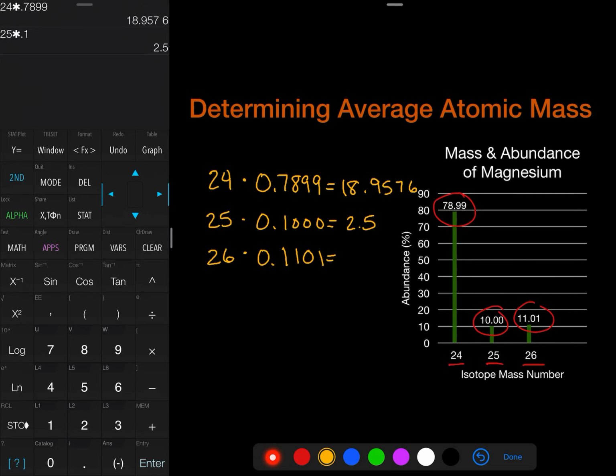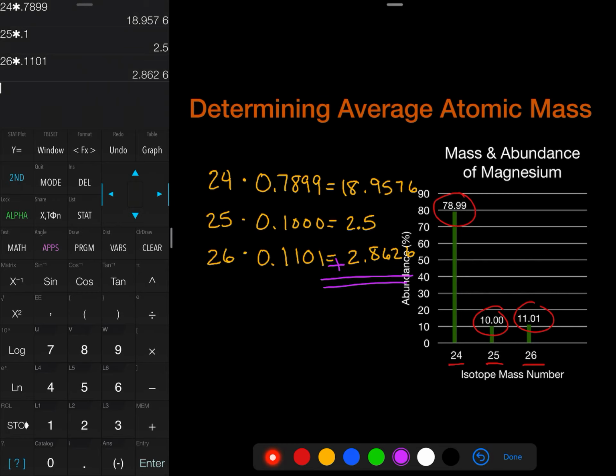If you're like me, I love to see that number in the calculator just to make myself feel better. My mental math is sometimes a little lacking. And then 26 times 0.1101, that I can't do in my head without a lot of effort. 2.8626. Okay, so again, we're going to add those values up.